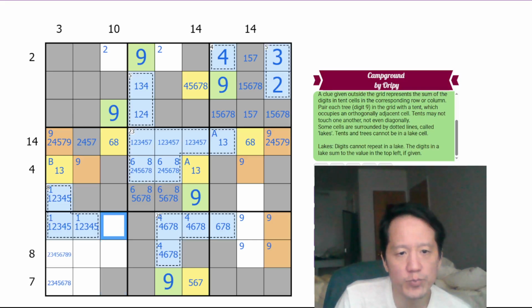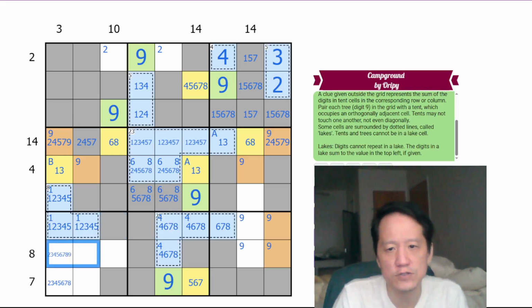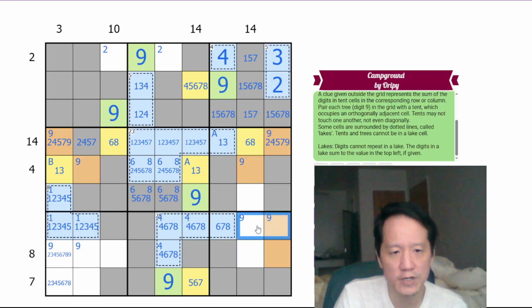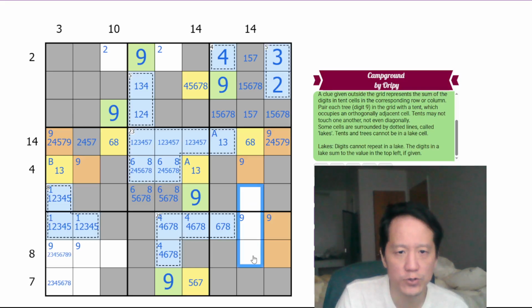So this can never be a tree or a tent. So 9 is one of these 2 digits here, which means this cannot be 9. So 9 has to be one of these 2 digits here. This could be next to... Okay, so any of these 3 still could be tents.